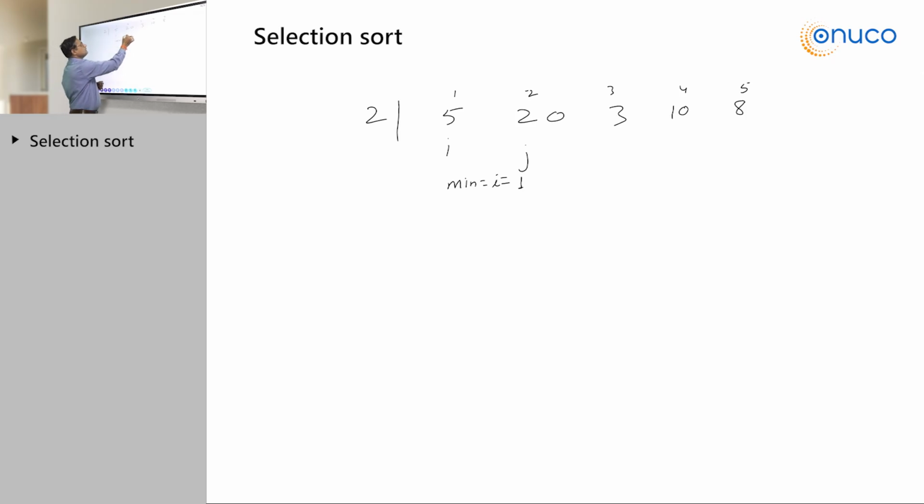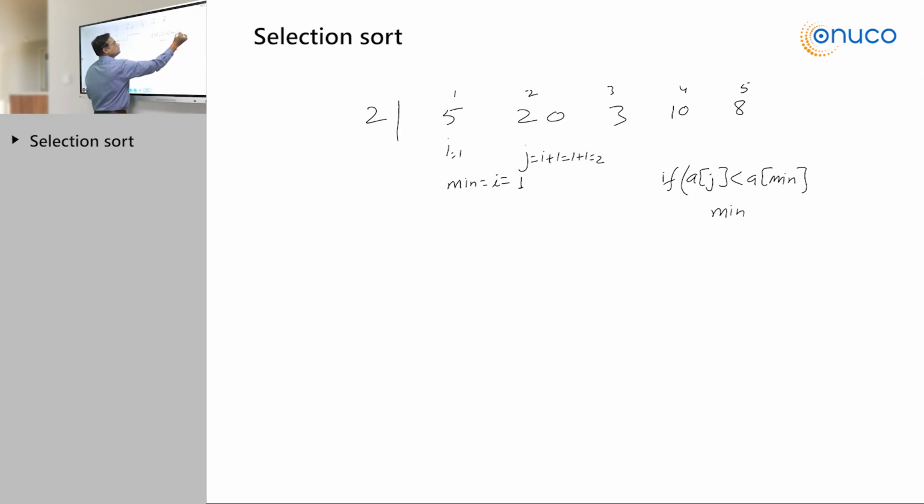Initial value. What is the j value? J starts from 2, that is i plus 1, 1 plus 1 is 2, and i initially is 1. So let us see, again you are going to do the same work. 5 is the min position, 20 is the j position, and the condition I will write in these iterations is that if a of j is lesser than a of min, and if it is true, then you write min equal to j.